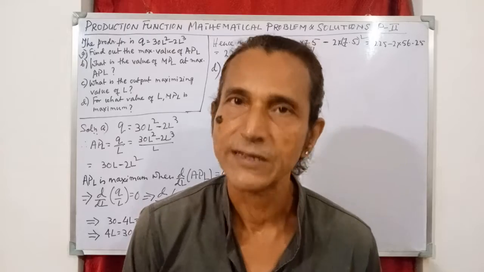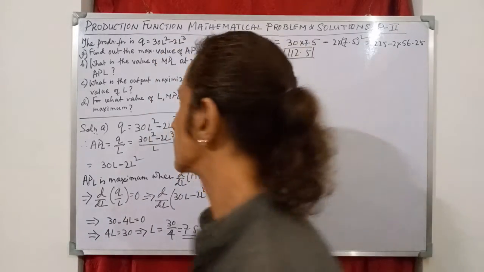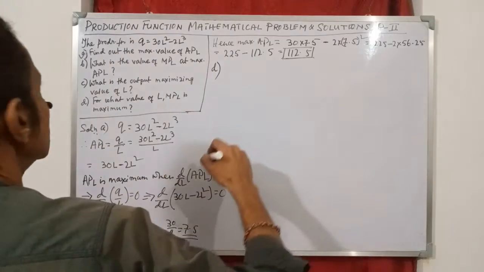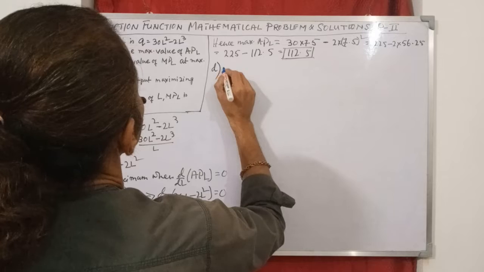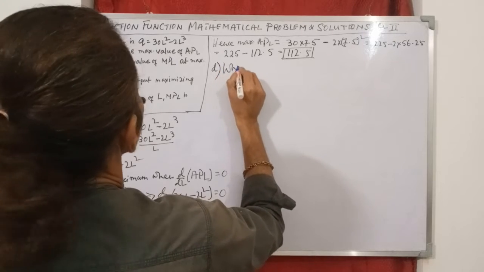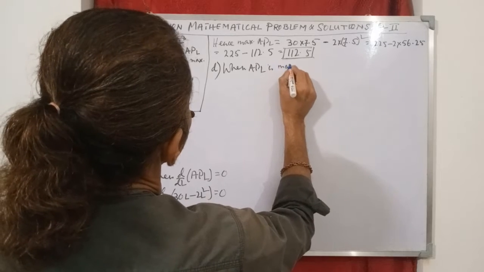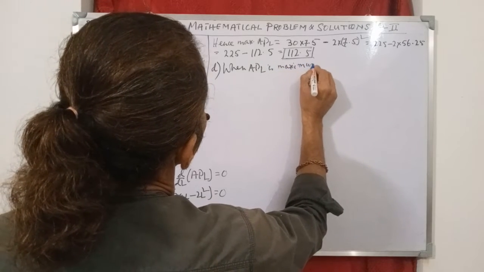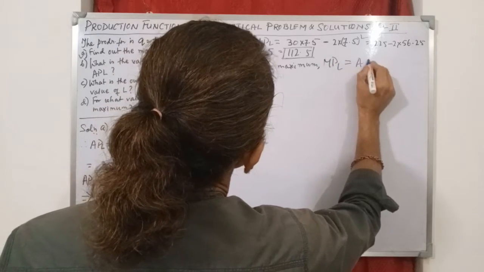So when APL is maximum, the value of MPL and APL will be the same.